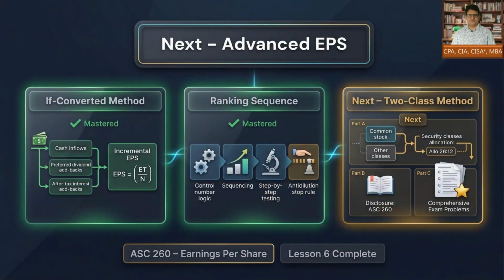That completes the if converted method and the ranking sequence. You can now handle preferred dividend add-backs, after-tax interest add-backs, conversion shares, timing, control number testing, ranking, and the anti-dilution stop rule. In the next video, we finish ASC 260 with advanced EPS issues, two-class method, disclosures, and practice.